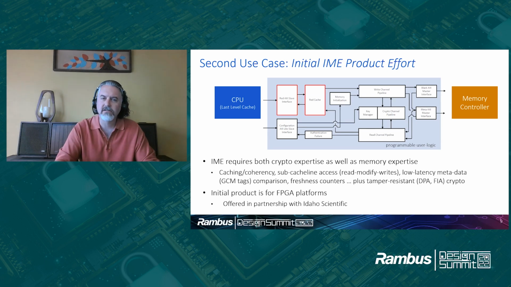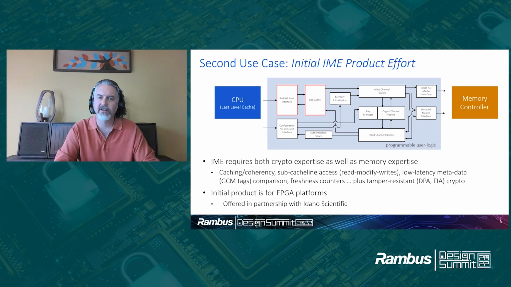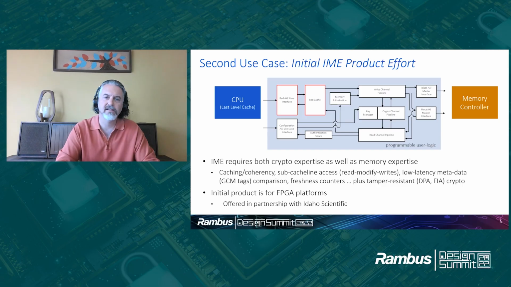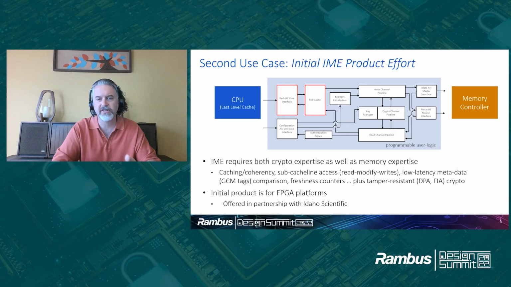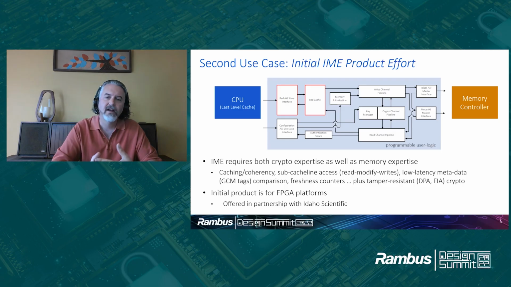Freshness counters can also fit in here. Freshness, as I described very early, is another type of metadata, but there's a lot of counter space. Where are all of those counters being stored? How are they being stored? And of course, while you're performing the crypto, you want tamper-resistant crypto, including both power analysis and fault injection attack resistant crypto.